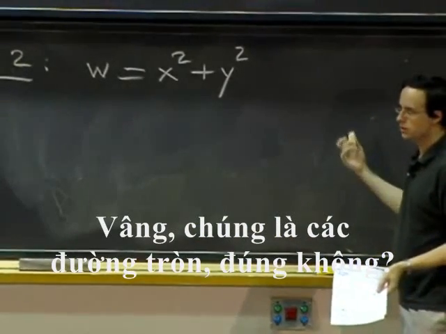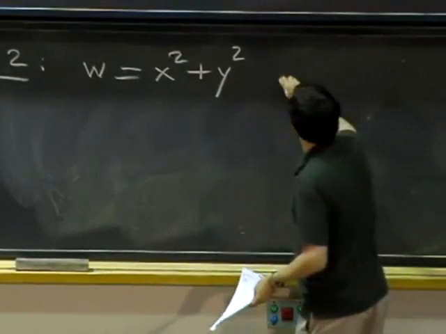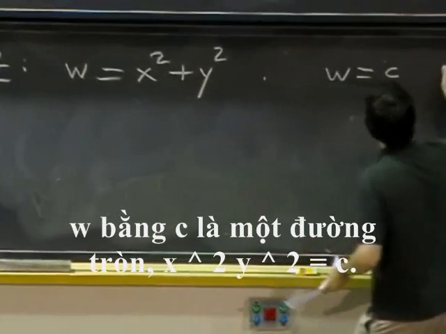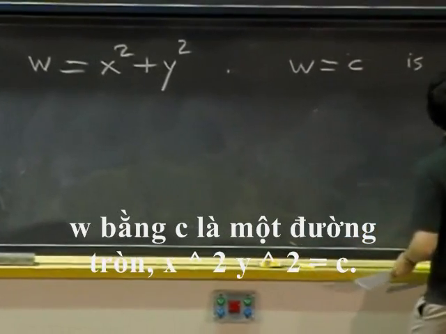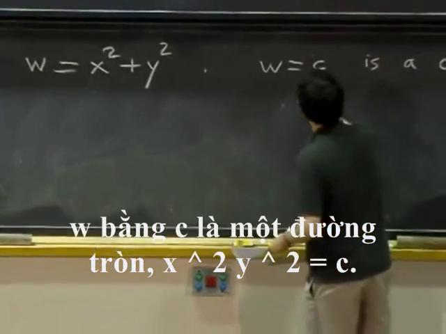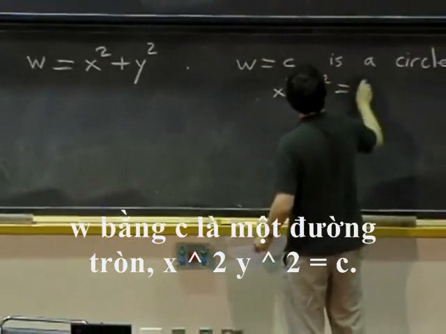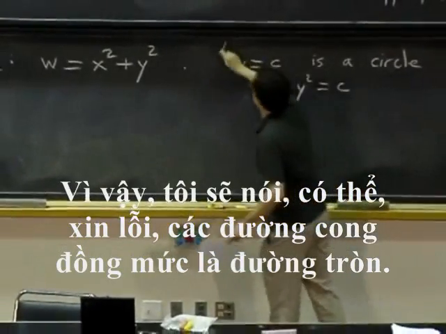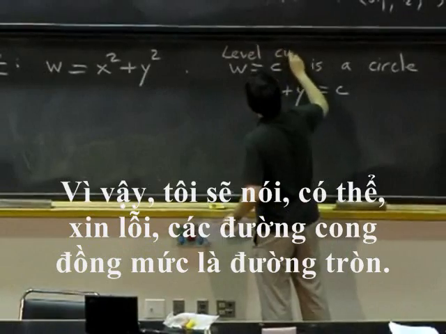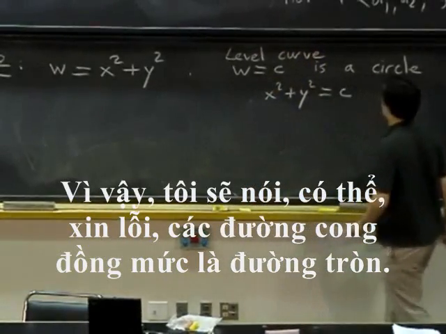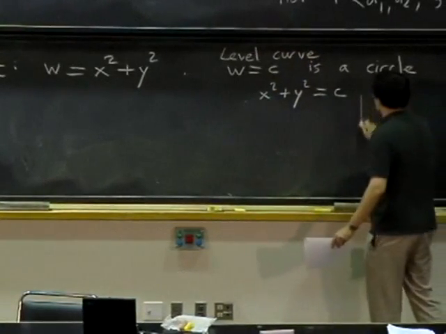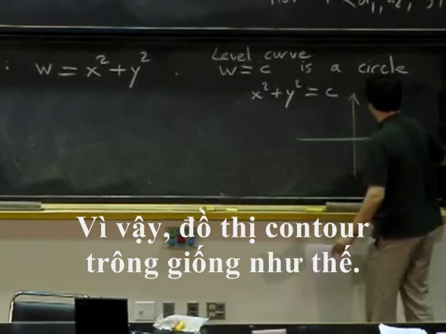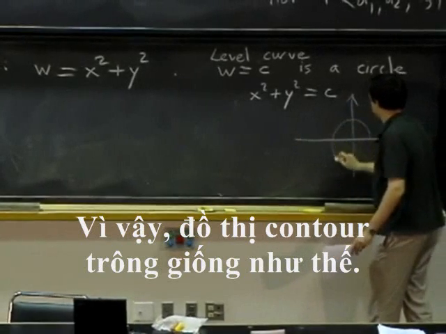They're going to be circles, right? w equals c is a circle: x squared plus y squared equals c. So the level curve is a circle. So the contour plot looks something like that.